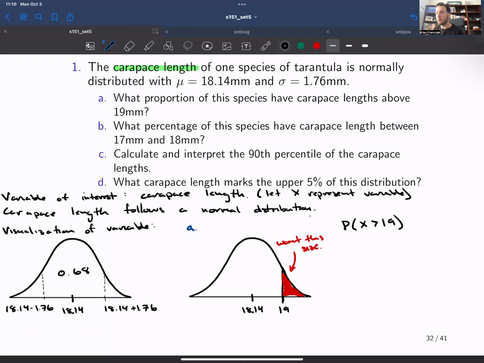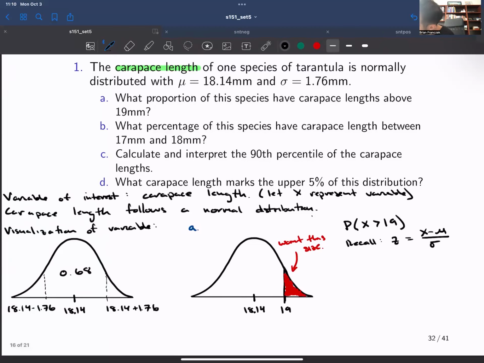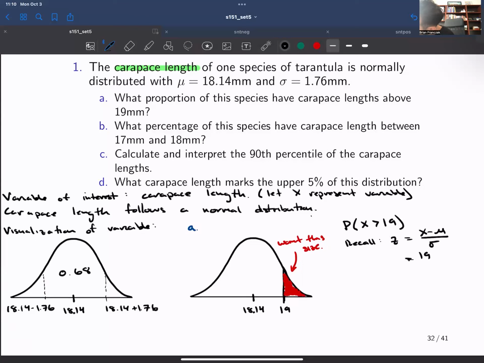So we're going to take our value, 19, and turn it into a z-score. Recall that z is equal to x minus mu over sigma. So z is equal to 19 minus 18.14 divided by 1.76.